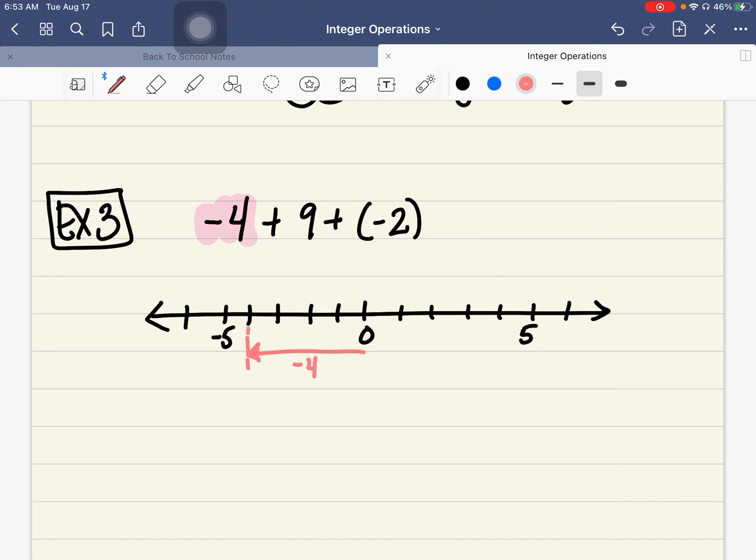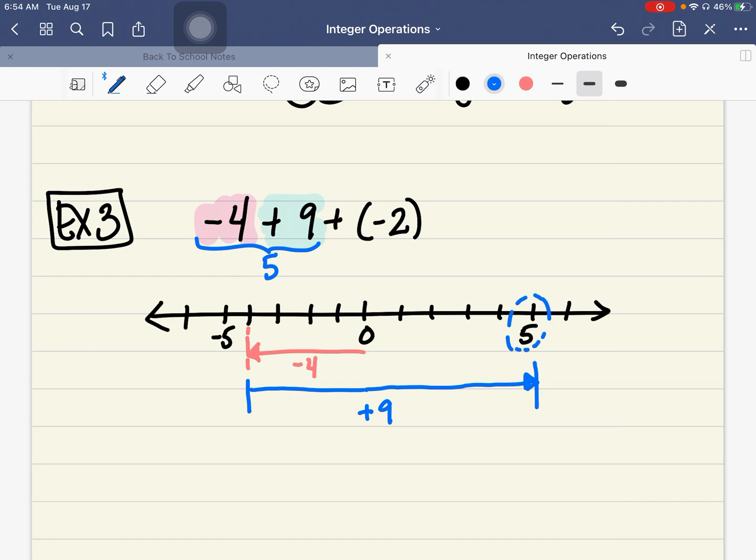But then we have to move +9. So remember, we go where we left off. So if I'm going from here, that was +4, and now I need to do 5, 6, 7, 8, 9. That's +9. You could put those two together and we'd say, just these two together will give me 5, because that's where I ended up here.